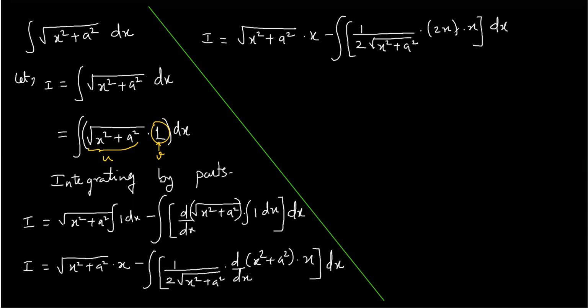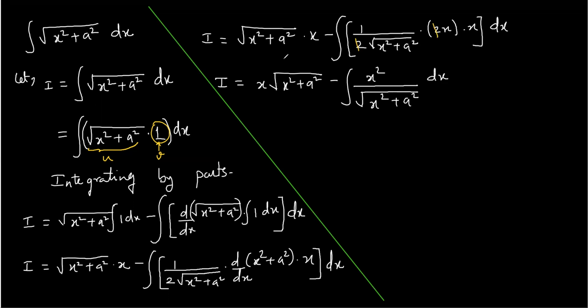So this 2 cancels with this 2. So we have now I equals, I write this x first, x into square root of x square plus a square, this way it looks better, minus, here I have x into x, x square, and inside the square root I get x square plus a square in the denominator, dx. Now here, how do we integrate this one?